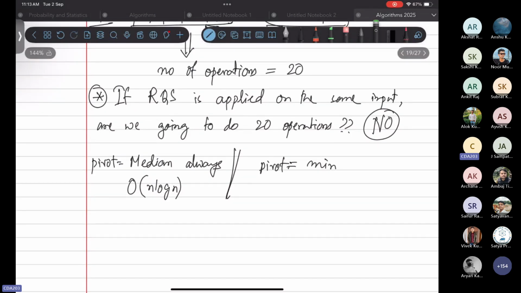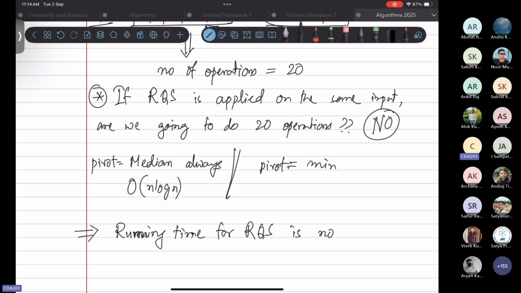So what is the number of operations? The number of primitive operations. When we have randomized quicksort, this discussion implies that the running time is not fixed.